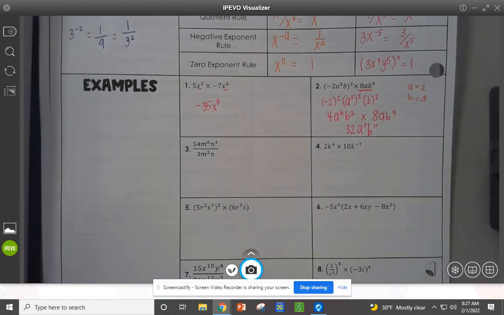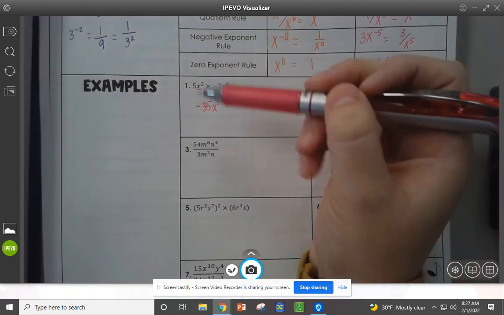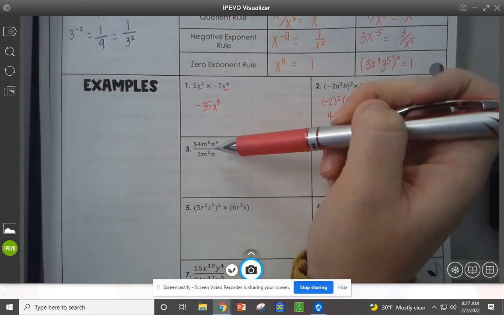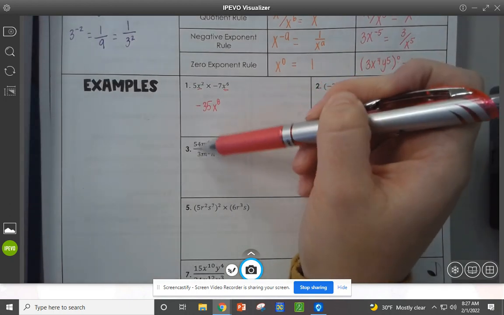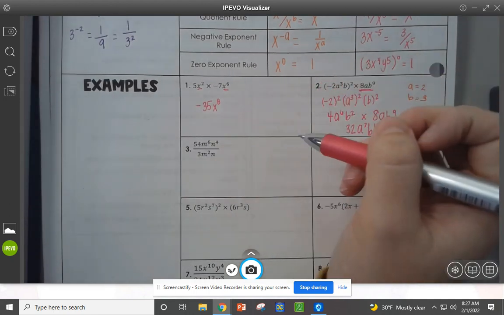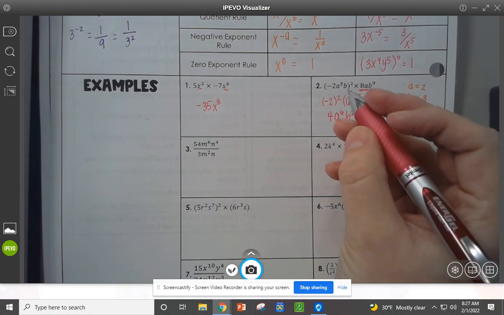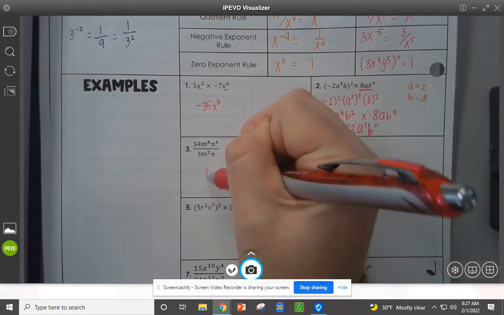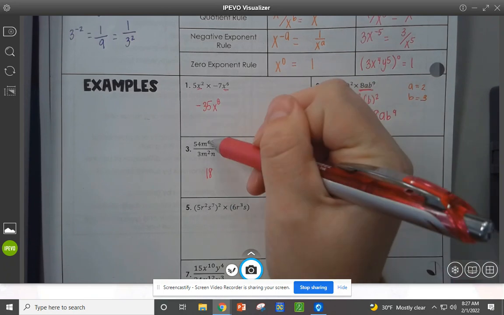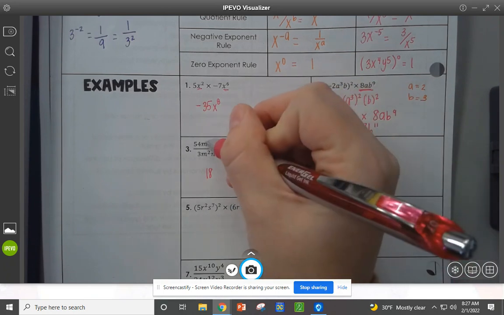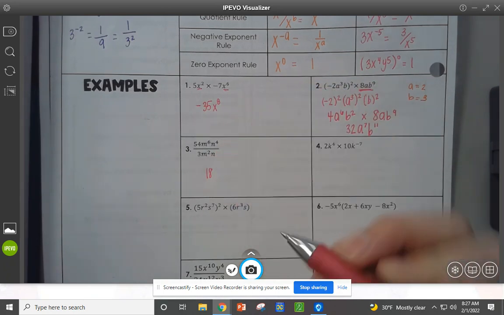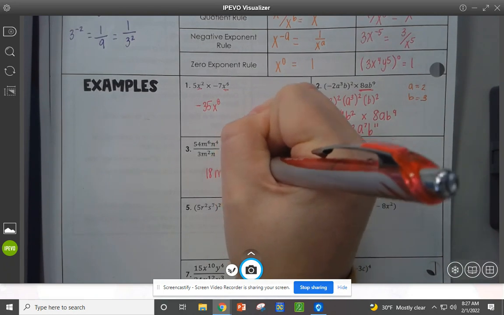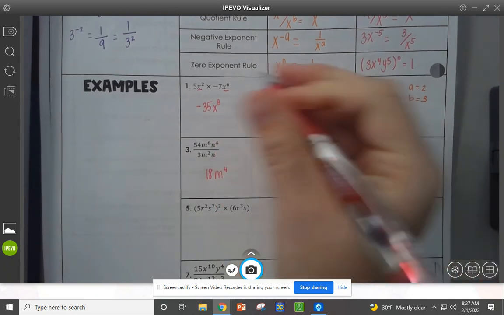All right, number 3, we have a division problem. So first we just take 54 divided by 3, which is what? 18. Now our m's, we have m to the 6th over m squared, so we subtract: m to the 4th.